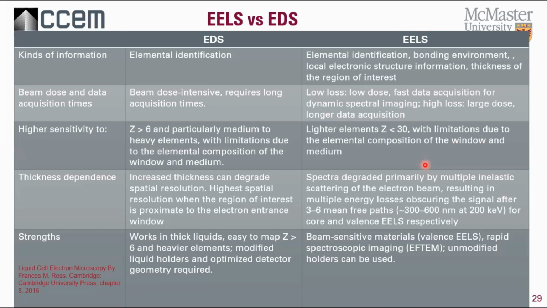If you have heavier elements, with Z more than 30, you need to focus more on the EDX technique. Also, if dose is an issue in your sample, EDX might not be a suitable technique because it requires long acquisition time.